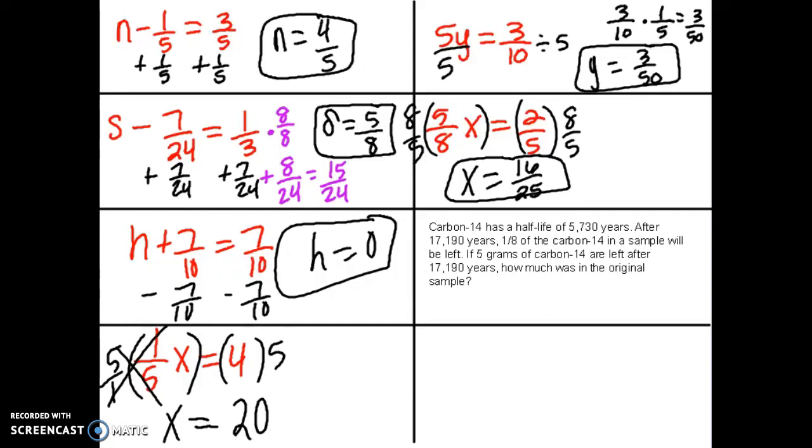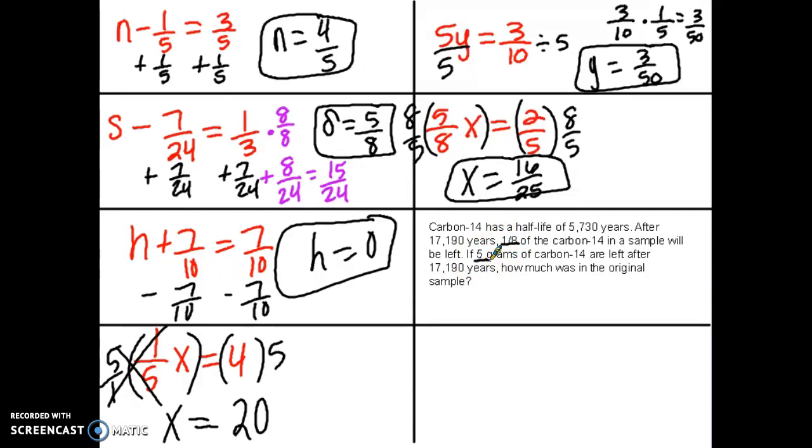A lot of people automatically shut down by this word problem because there are so many numbers. You've got 14, you've got half-life, you've got 5,730, you got 17,190, you got 1/8, and you got 5. The only numbers that matter are 1/8 and 5. Nothing else matters in this problem.